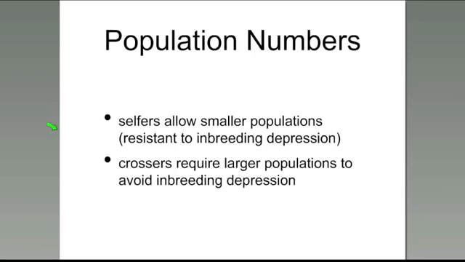So if you let it get out of hand by saving cross-pollinating seeds from small populations year after year, inbreeding depression can have a very negative effect on the quality of your seed.